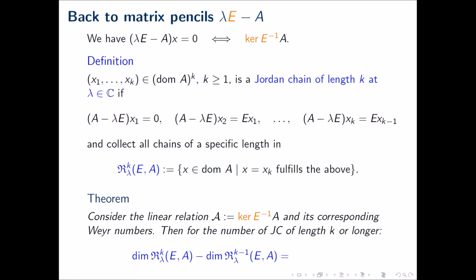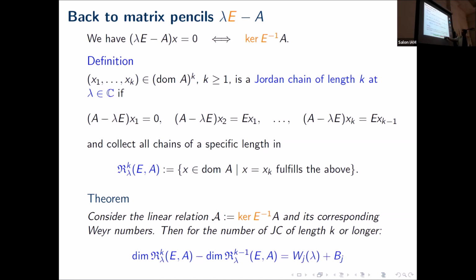Now we want to relate it to a linear relation. Of course, we take as a linear relation this one here, E-1A, which we have all the time. And I think I found this result nice. It is this: the corresponding wire numbers. So this is the eigenvalue; we investigate the eigenvalue lambda.